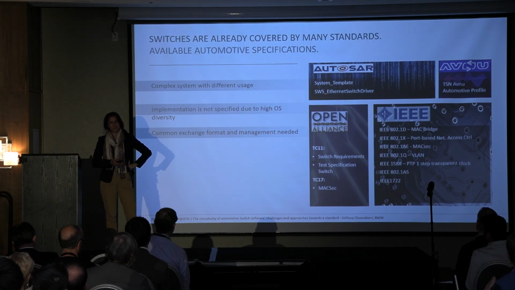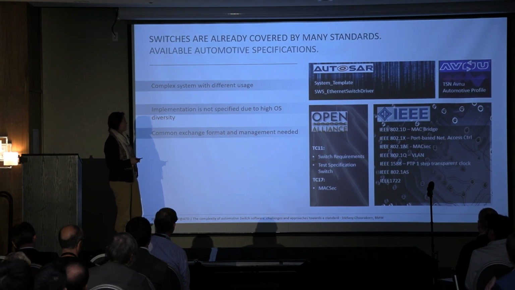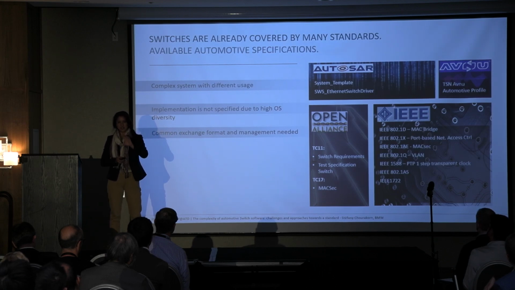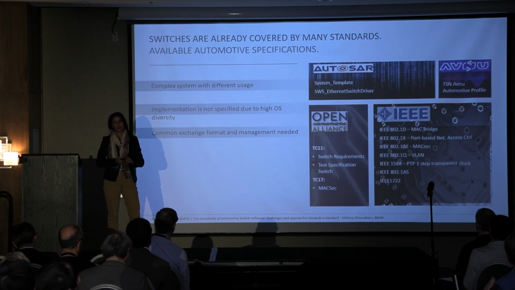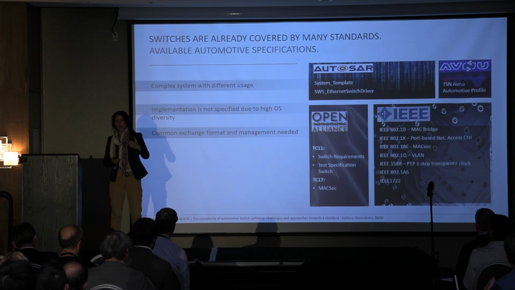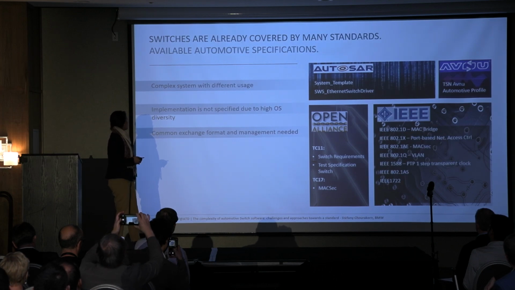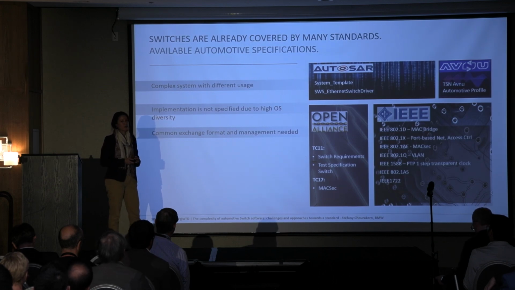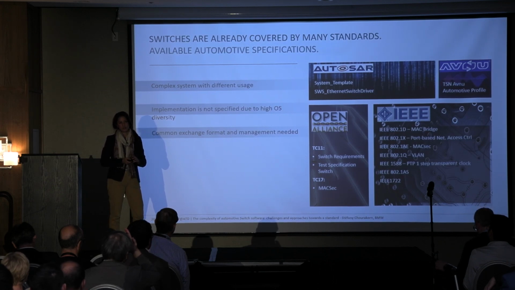So we can see that it's very complex to consolidate all of these inputs and find something that fulfills all of them, and we don't want to create even more specifications than we have. So I guess we need to consider all of this to see how we can find room for our issues.